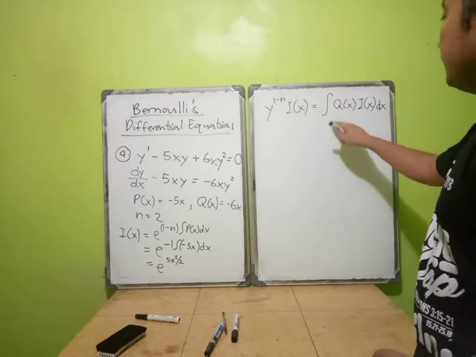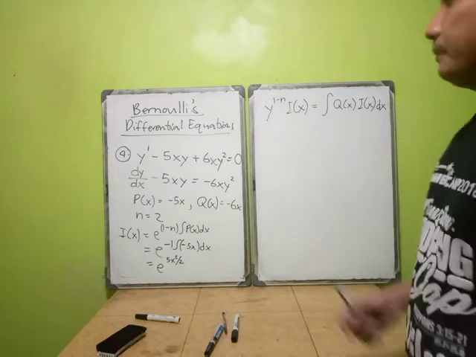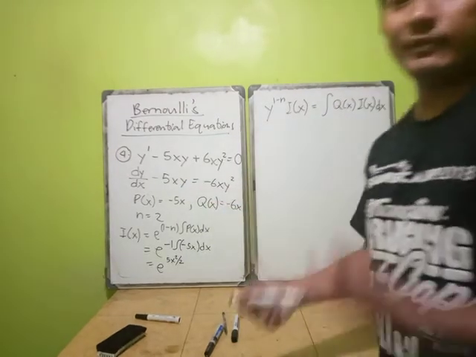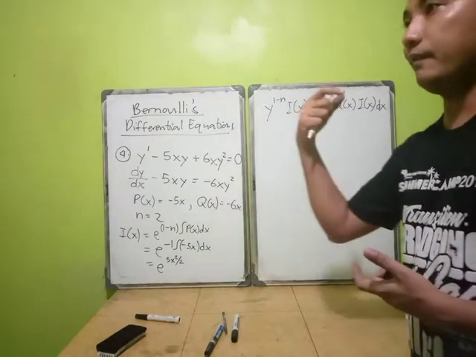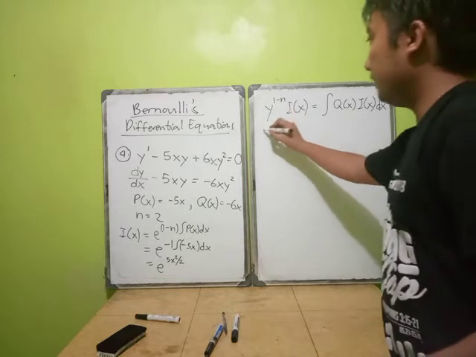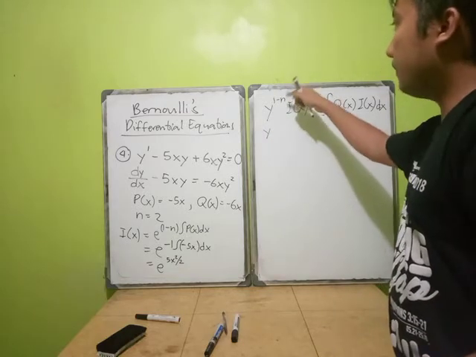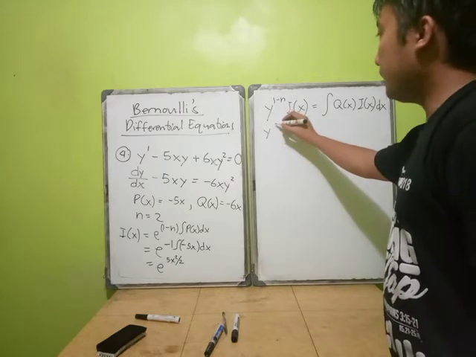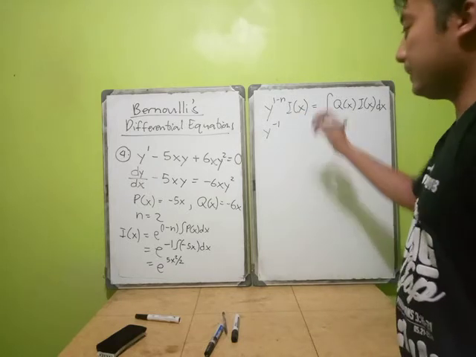Okay? So, this is the general formula of Bernoulli's differential equation in this form. Okay? So, as you can remember in our first video, okay, so in part 1. So, we know y to the 1 minus n is 1 minus 2, it's equals to negative 1 times ix.